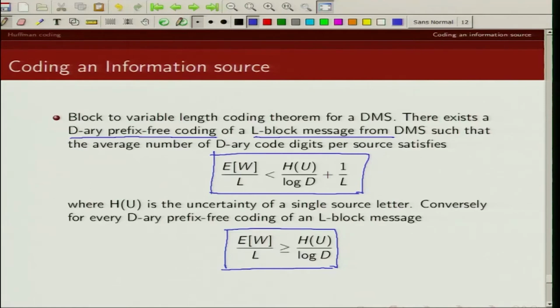We already computed bounds on the optimal code word length for coding a single random variable. We are going to extend that result to the case when we want to encode a source of length L.